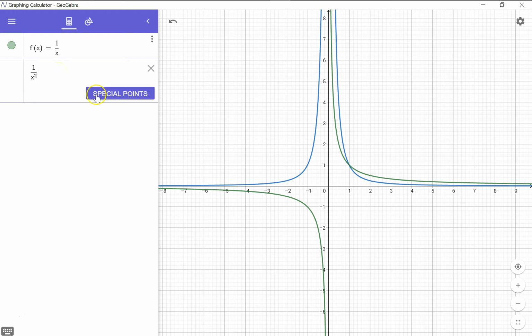The only difference is that x square will remove all the negative signs. The fourth quadrant graph will come into the second quadrant. That's the only difference. This is the 1 by x square. Green is 1 by x. The negative side gets flipped basically.